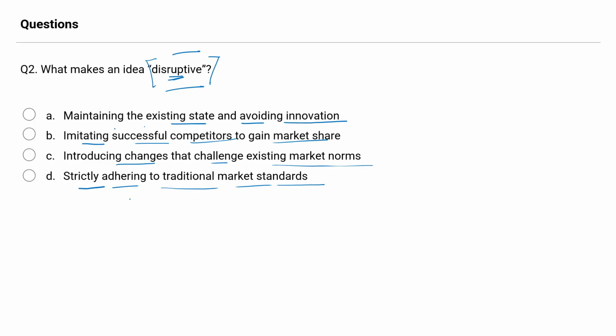You've got four options in front of you. Try to interpret them, try to analyze them. We are trying to understand what it takes to make an idea disruptive.